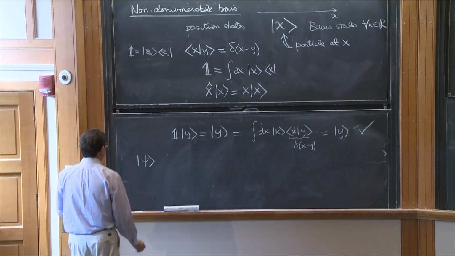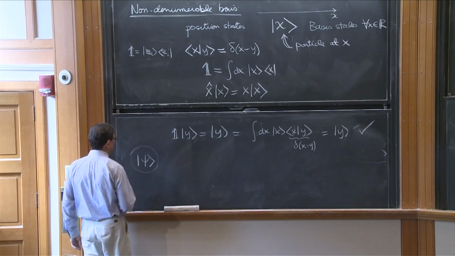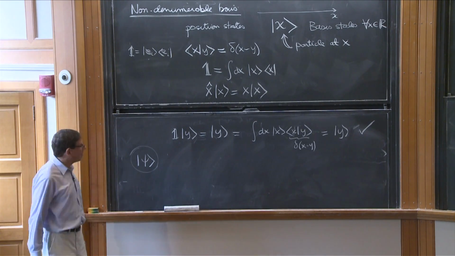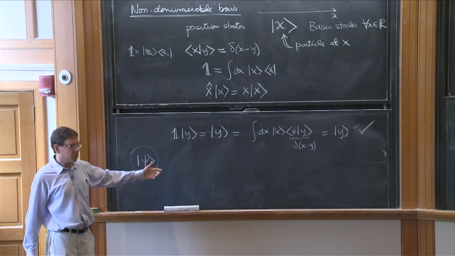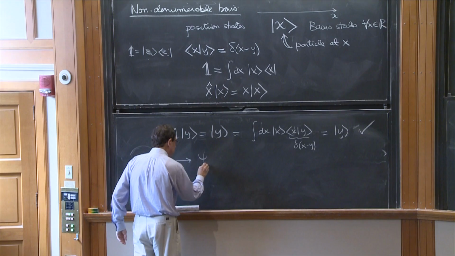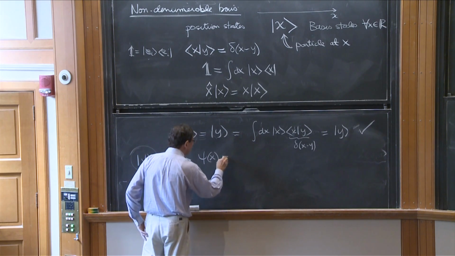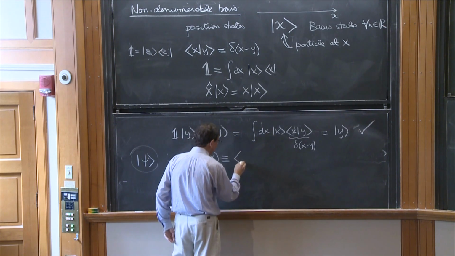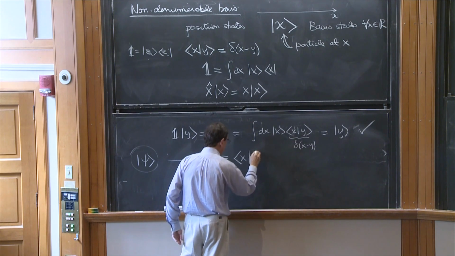Now, if we have a ψ as a state or a vector, how do we get the wave function? Well, in this language, the wave function, which we call ψ(x), is defined to be the overlap of |x⟩ with |ψ⟩.